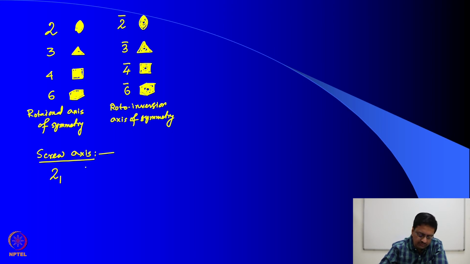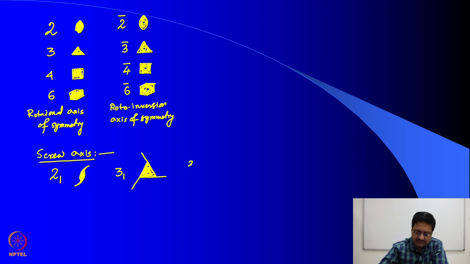So, this 2-1 is drawn like this, which is similar to a two-fold, but the two sides are extended. 3-1 is drawn just like a three-fold, but the sides are extended like that.